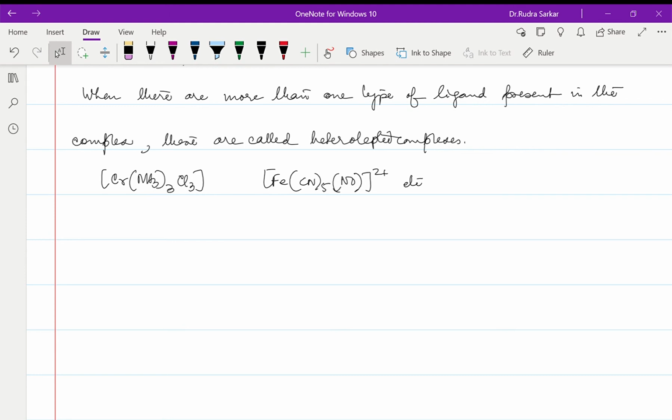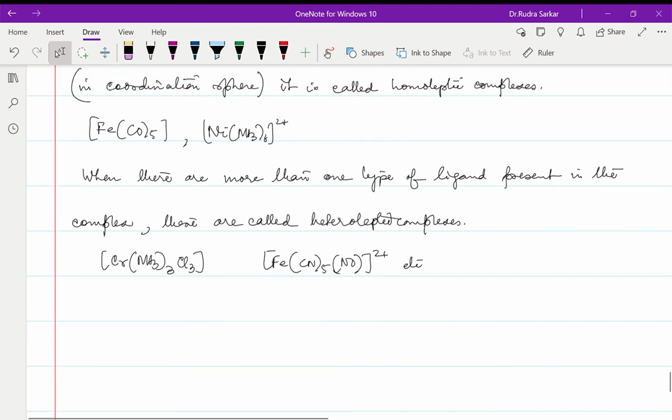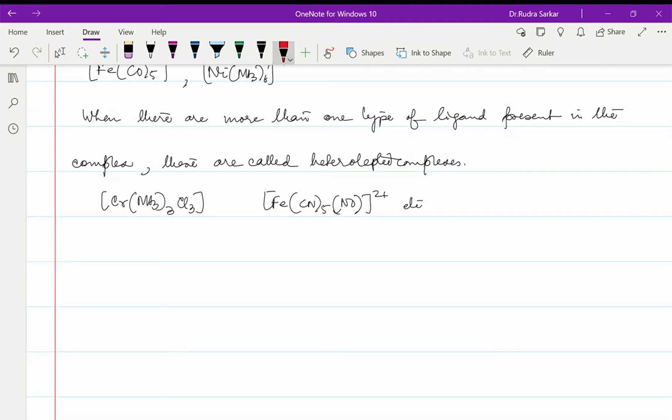Okay, now there is an interesting experiment conducted by Werner, on which we have some questions being asked.